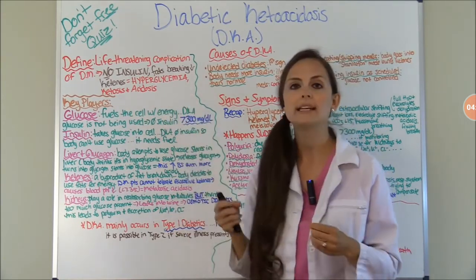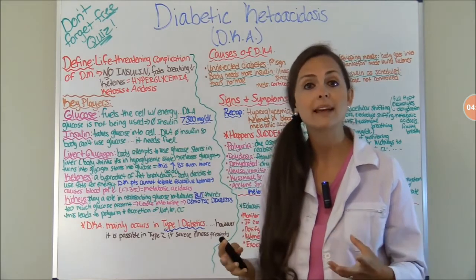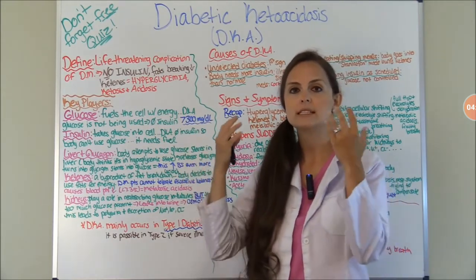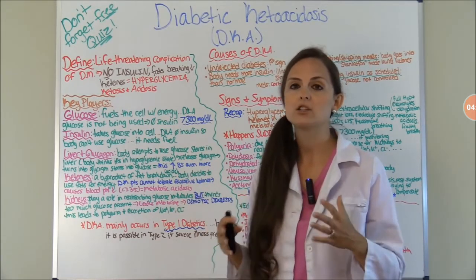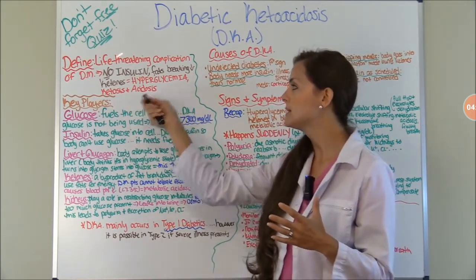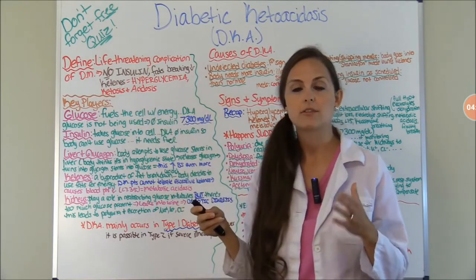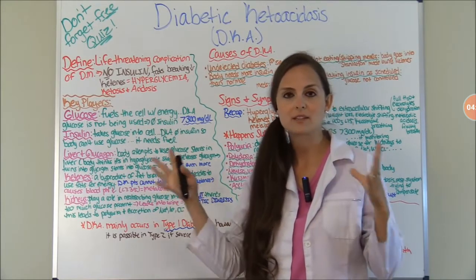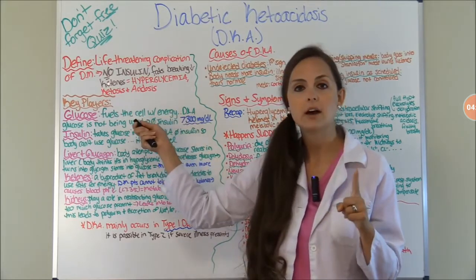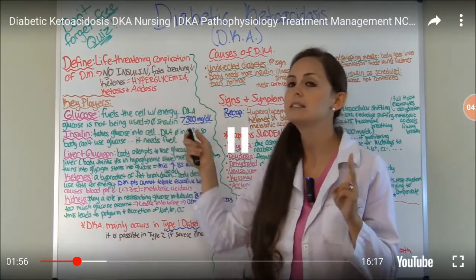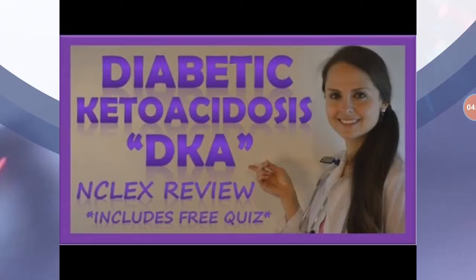So it starts breaking down fats for energy, and when it breaks down fats, it releases ketones. And ketones in the diabetic patient can cause major problems. So what you're going to be seeing in this patient, the three things I would remember because everything else will make sense, you're going to be seeing hyperglycemia, you're going to be seeing ketosis, and you're going to be seeing acidosis.